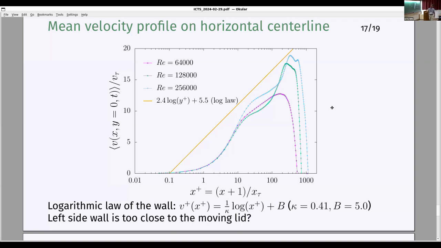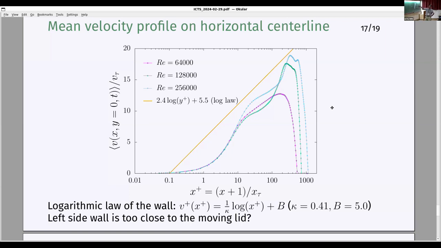Again, this viscous part collapses very well, but in the region where we expect the log law, the variation is very large. If I insist, there may be some tiny region where log behavior may exist.